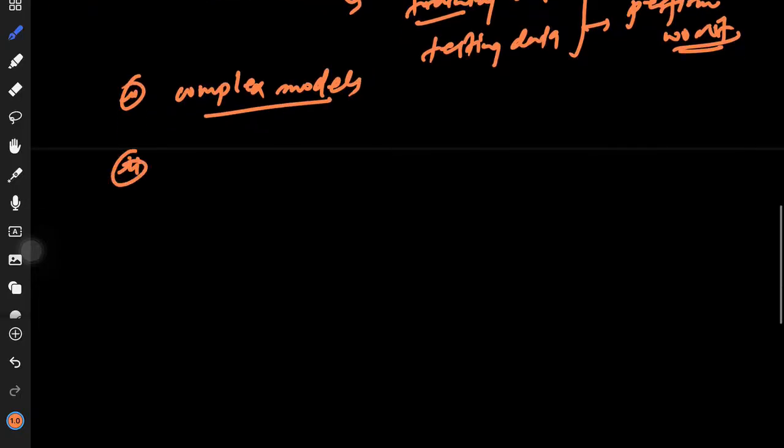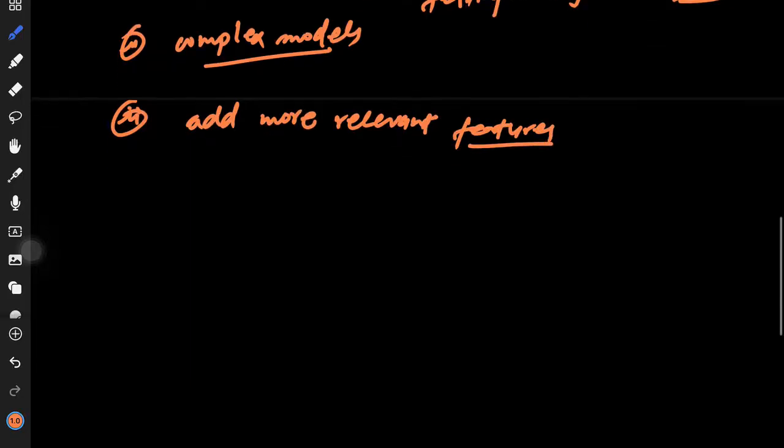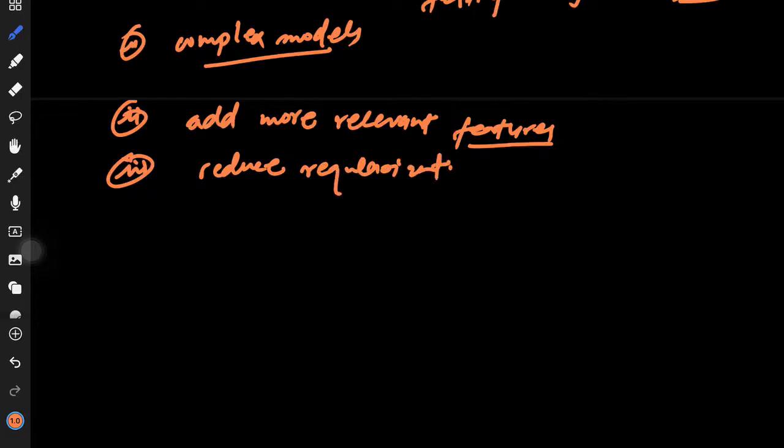The second one is to add more relevant features to the model so that our model learns well. Third, we can reduce regularization. In the first question, where we wanted to reduce overfitting, we used regularization.